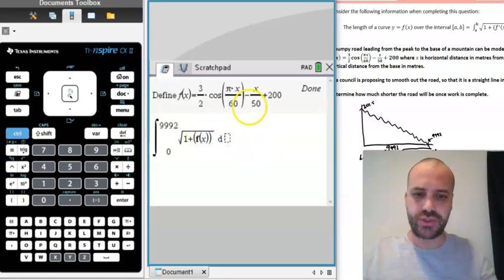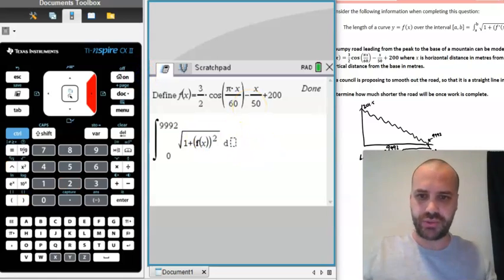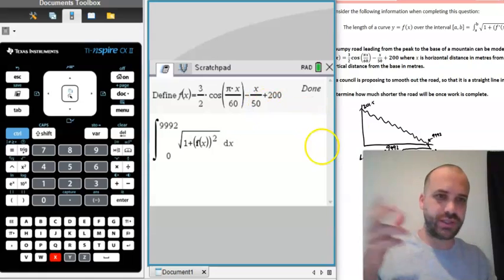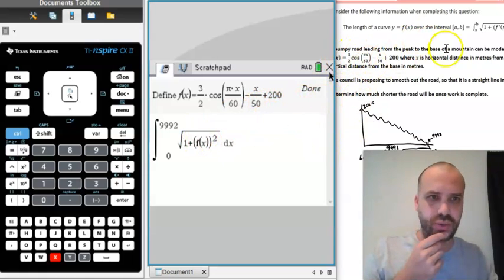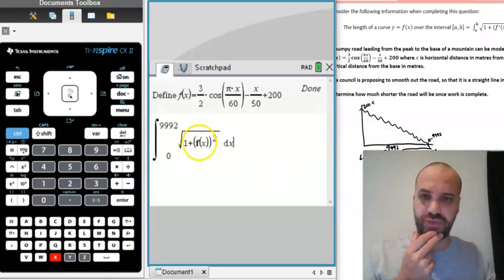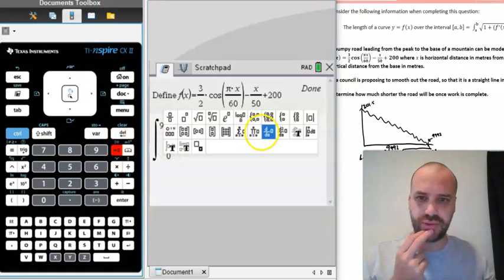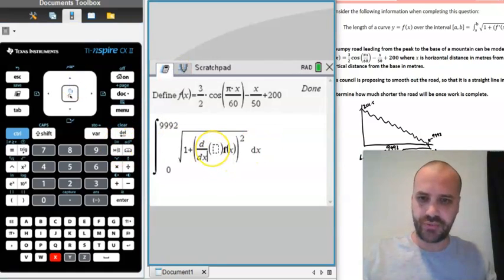We're going to square it with respect to x. And then you're probably yelling at the screen now because we don't just want f of x, we want f dash of x. So we're going to have to also do a little derivative here of x with respect to x, and we need that f of x in there.